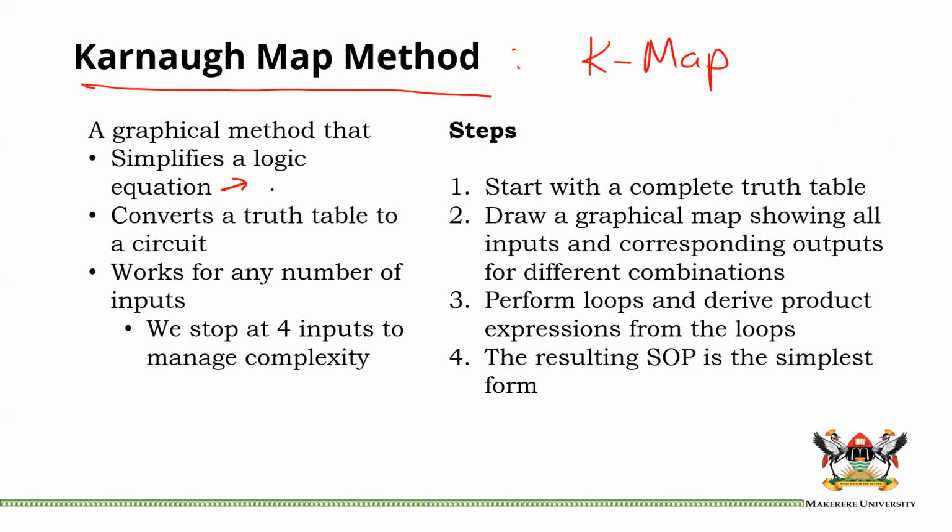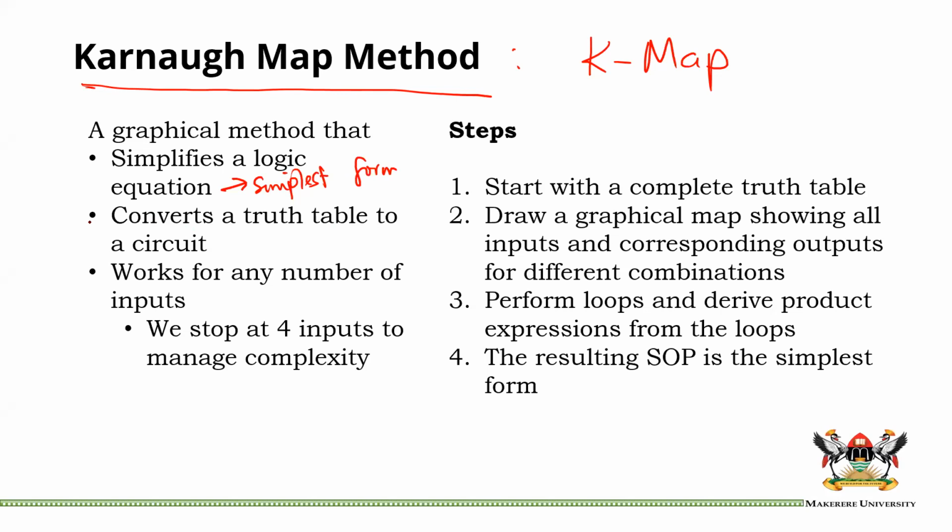In fact, if you do this correctly, it will take it to its simplest form. If you get an equation out of the K-map and you realize that you can simplify it further, then it means that you are mapping, in other words, your analysis of the map, as we are going to learn today, was not done correctly.